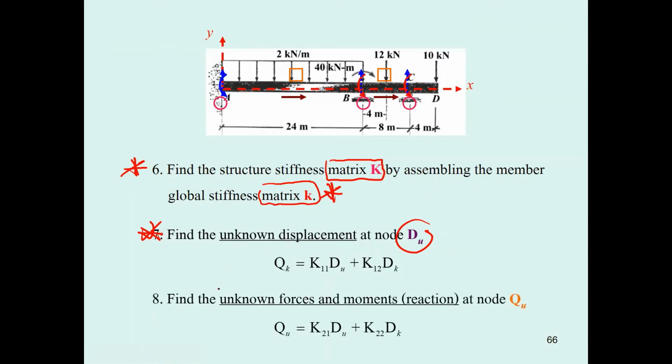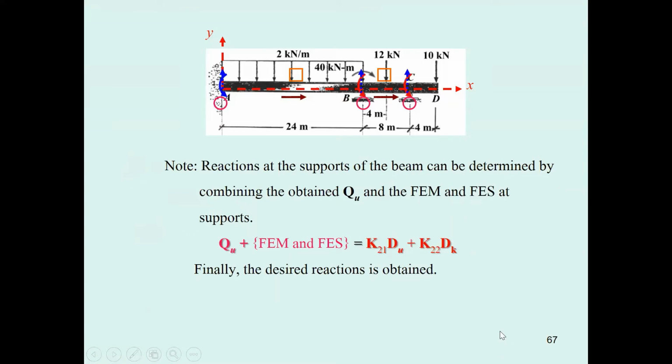To compute for the unknown force, you're going to use half of your skill, because after you get Q sub U for the truss, you use it. The reaction, you use it immediately. But for this one, you cannot. You need to combine your Q sub U with your fixed end shear and moment.